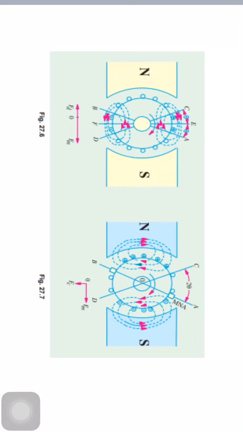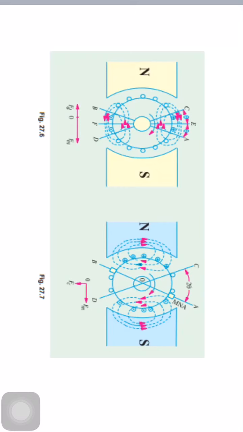In the second diagram, the axis of magnetization of the remaining armature conductors lying between angles AOD and BOC is at right angles to the main flux.